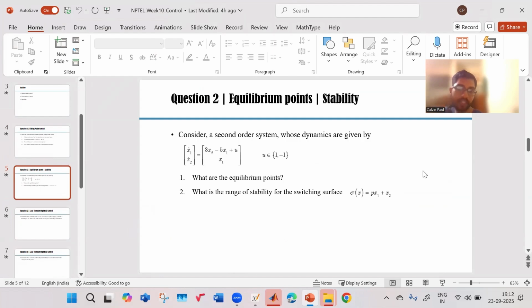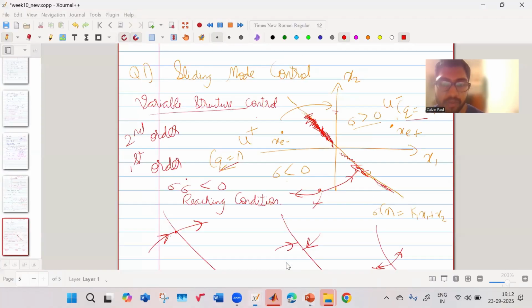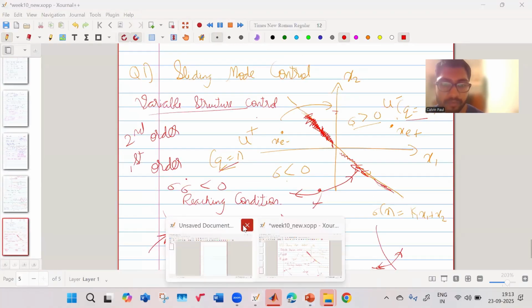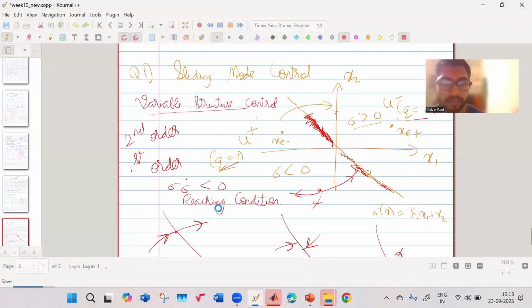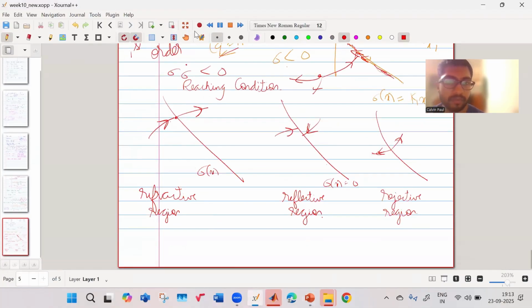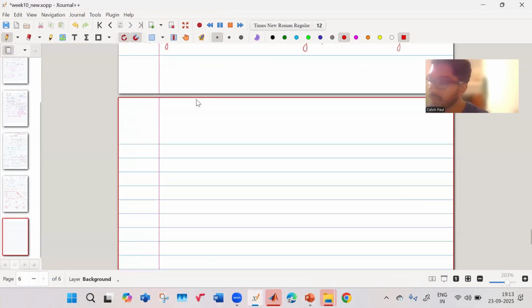Okay, so we have to find the equilibrium points for this system. We have question 2, where we have to find the equilibrium point.